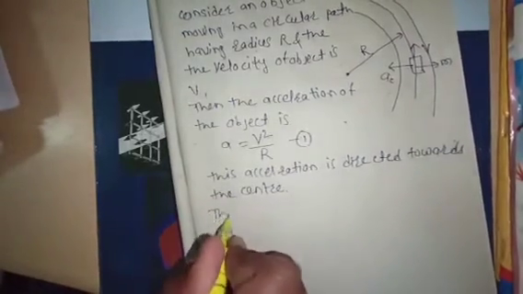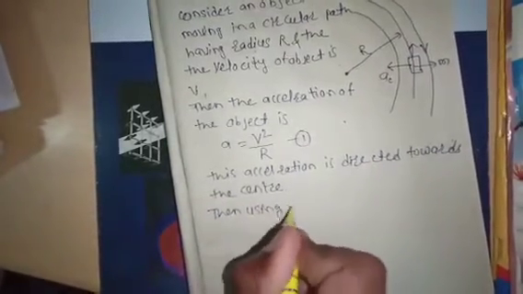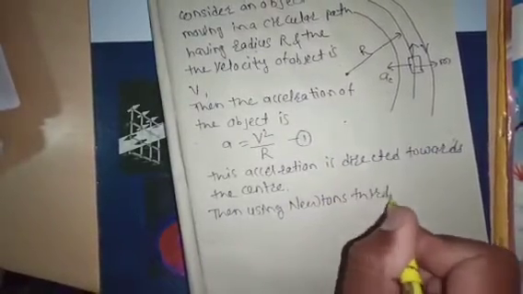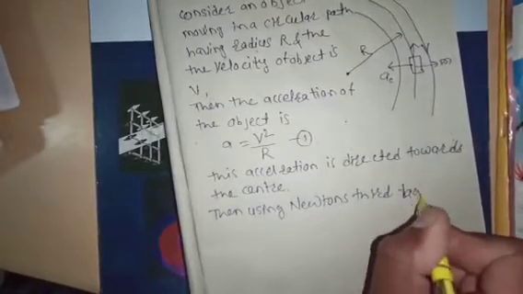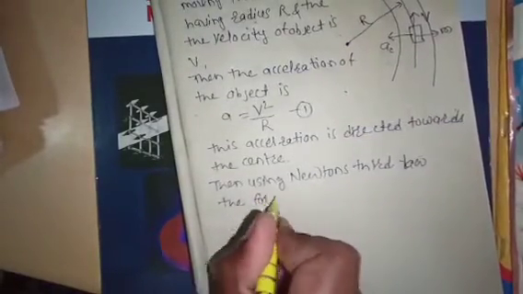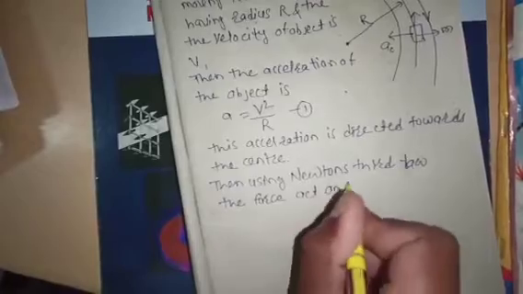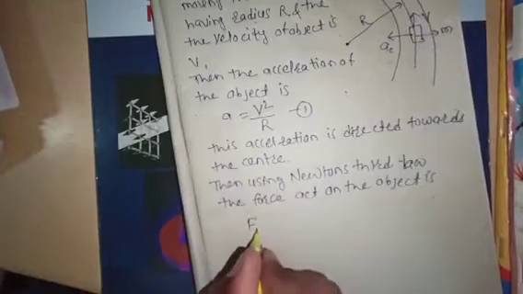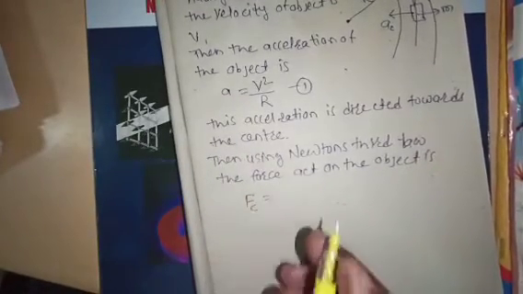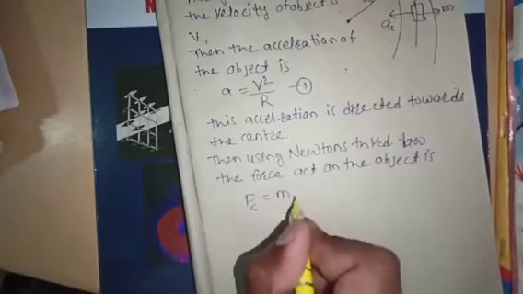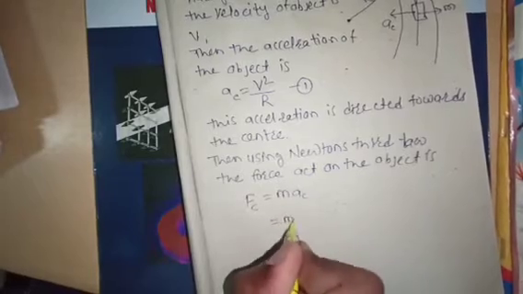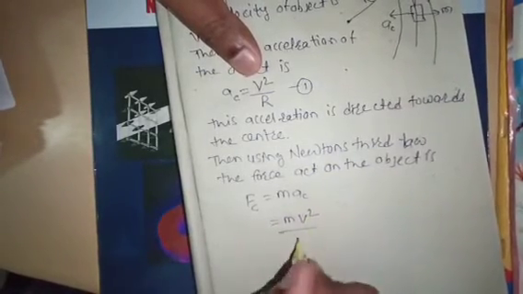Then, using Newton's law, the force acting on that object is Fc. Force is mass of the object m times acceleration ac. The mass is m and the acceleration is v square by r.